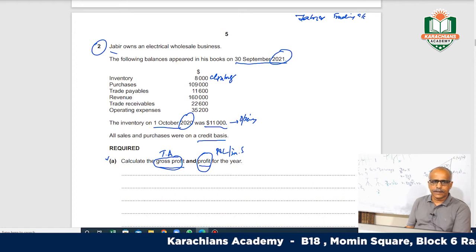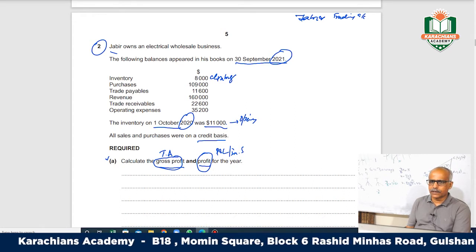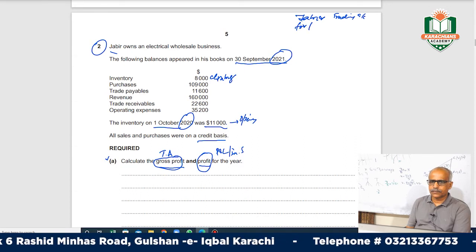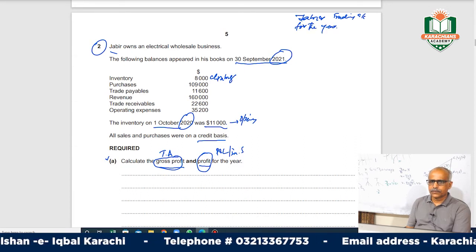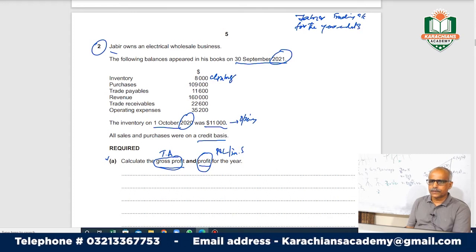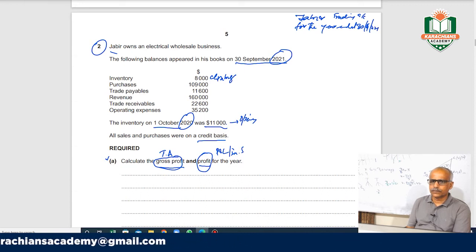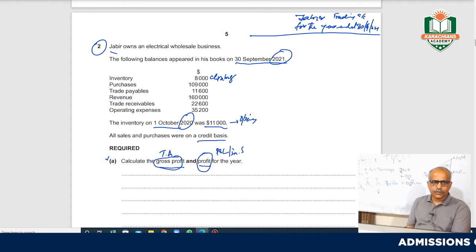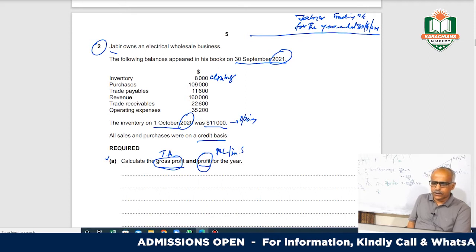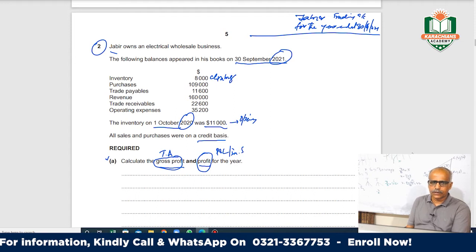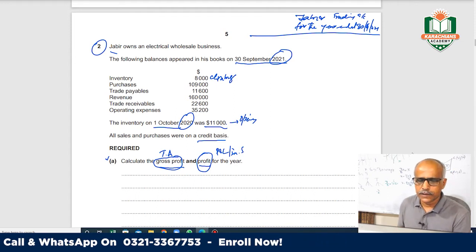So Jabir, trading account for the year ended 30th September 2021. You will see how we make it. It is a very easy question, only 2 marks. We can easily solve this.